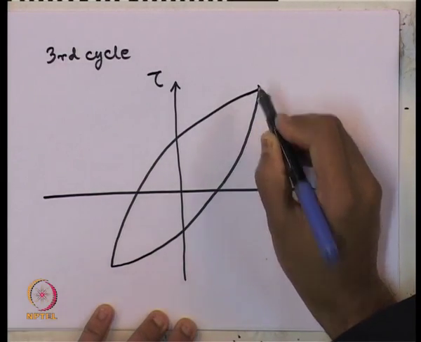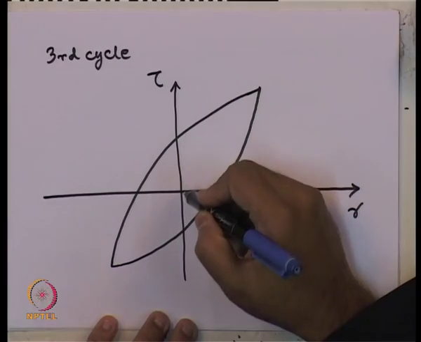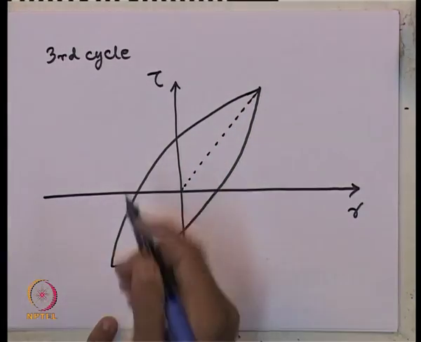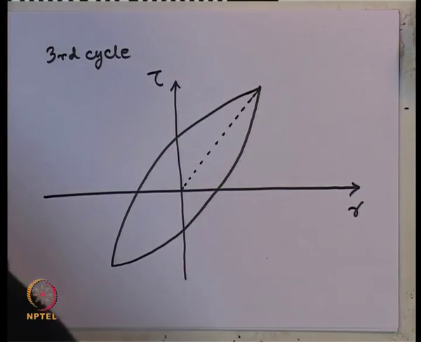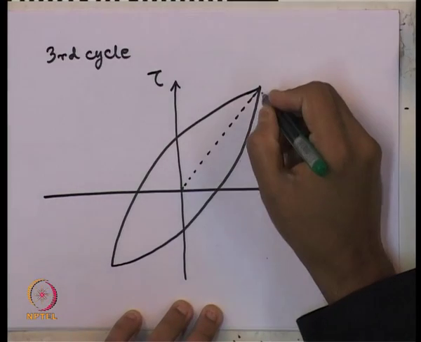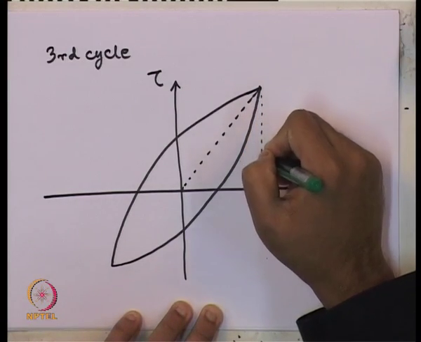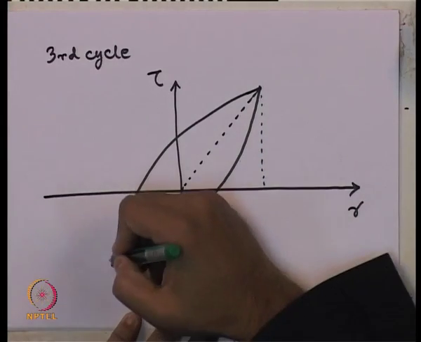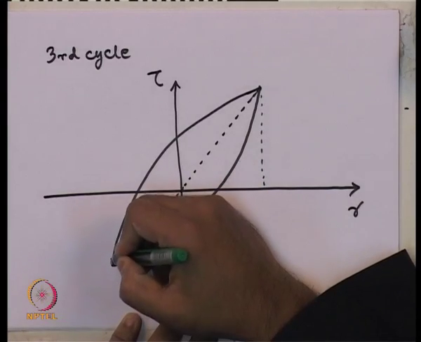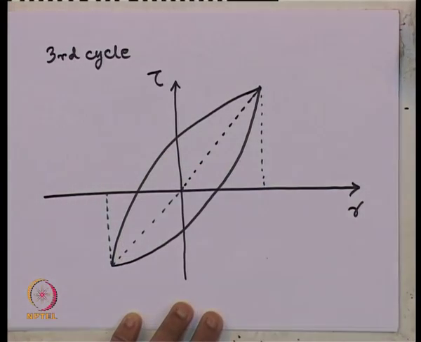Let us say the hysteresis curve looks like this. This is for the third cycle I am using. So, let me give the nomenclature of various points, because it will be required for us to compute the damping ratio of the system.